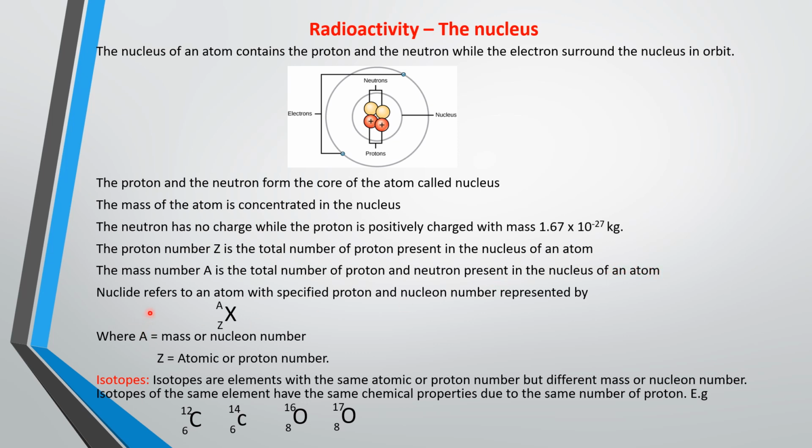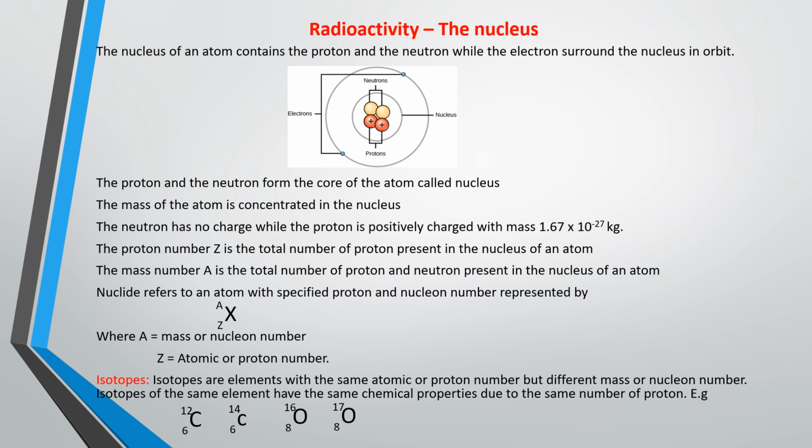Now, a nuclide refers to an atom with a specific number of protons and nucleons, represented by this notation. Nucleon number is the mass number of an atom. Okay, so an atom can be represented by this sign.